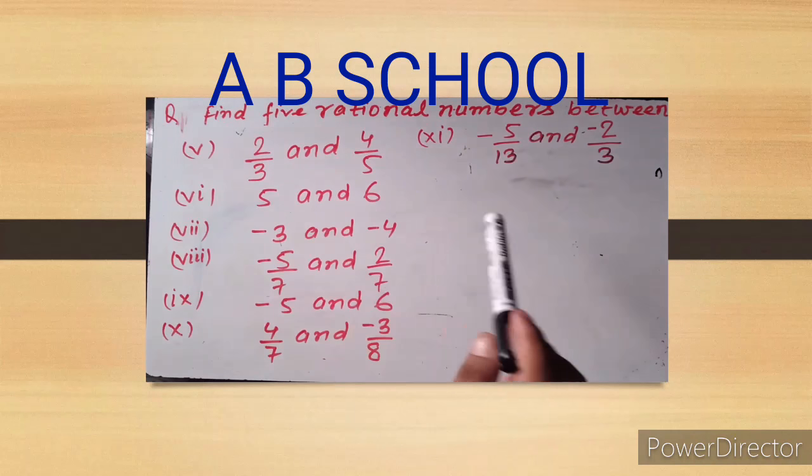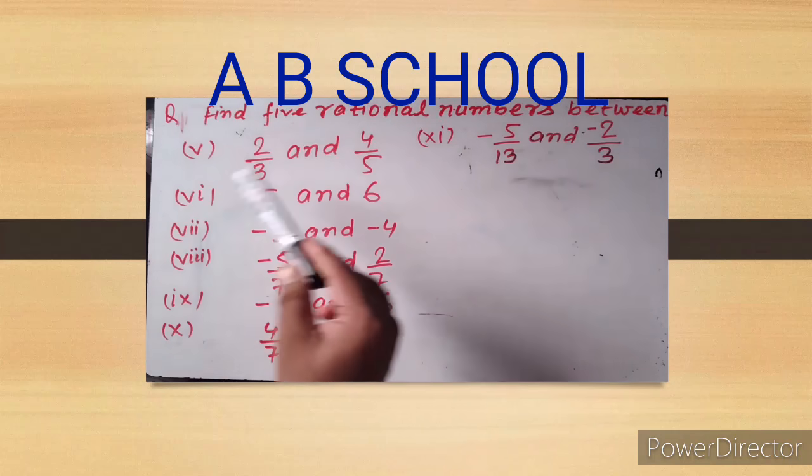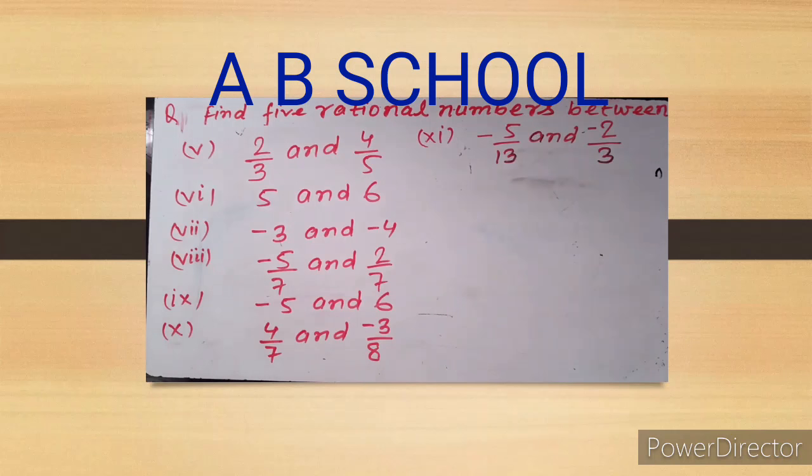Now, students, you will try to solve these questions. Okay, so write down these questions and try to solve them. And now I am going to convince you how to represent a rational number on the number line.